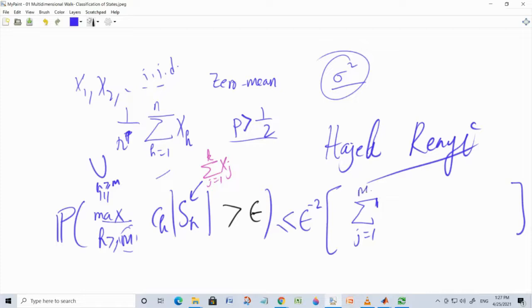Then there is another term which starts from m plus 1 and goes to infinity, and this one has c_j squared and the variance of X_j.